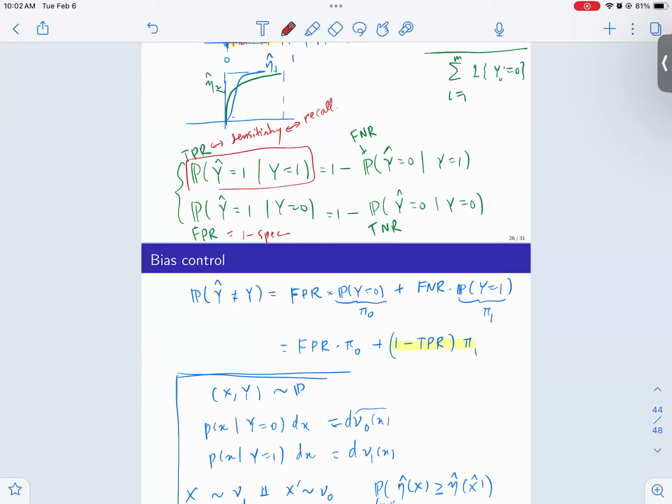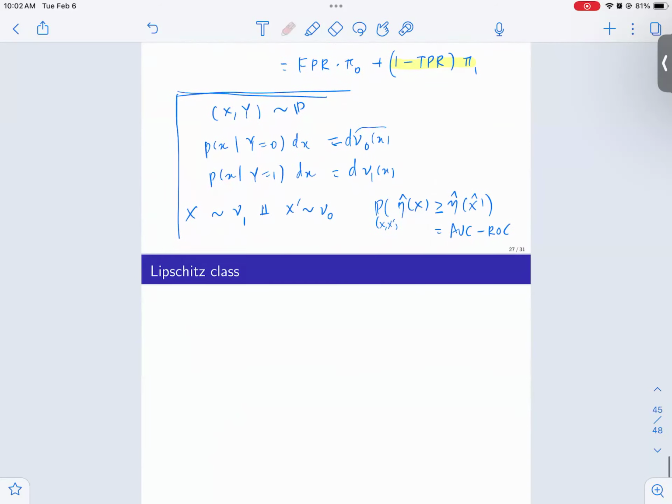So precision, also called positive predictive value according to Wikipedia, is the probability of y equal 1, the true label equal 1, given that y hat is equal to 1. Okay, so that's precision, or PPV.